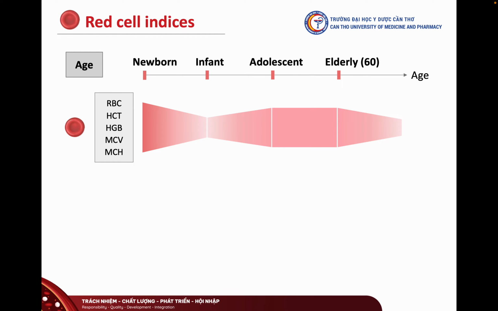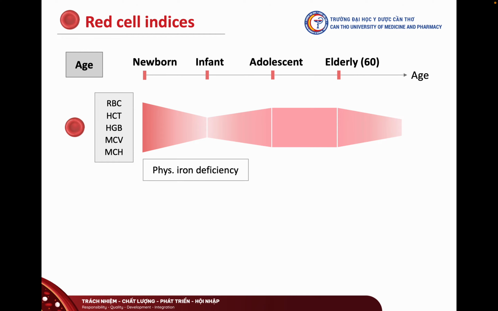In infants, iron requirements are high, but breast milk alone may not provide enough iron, leading to physiological iron deficiency, which is usually mild and temporary. As children start eating solid food, RBC indices normalize and remain stable through adolescence and adulthood.